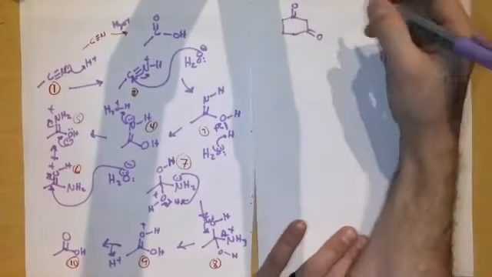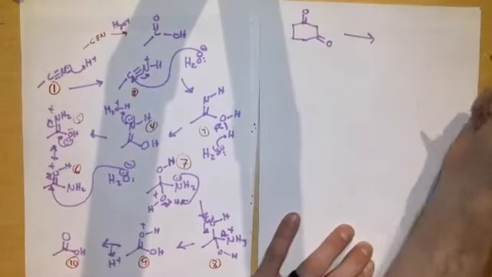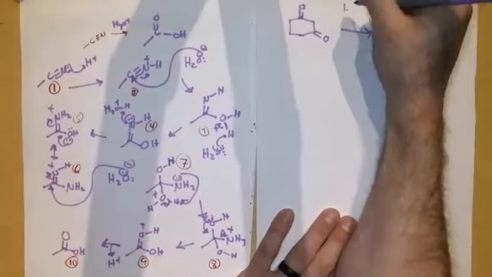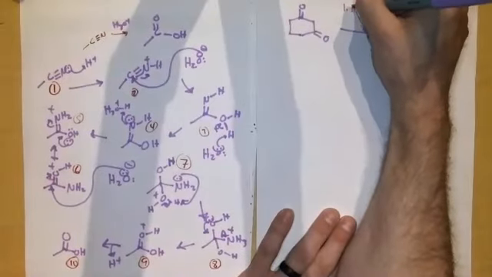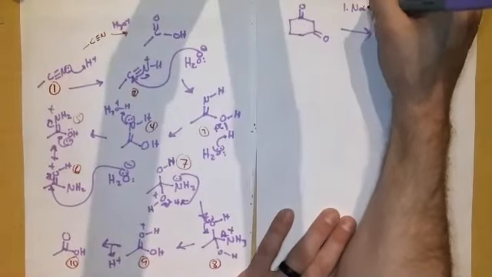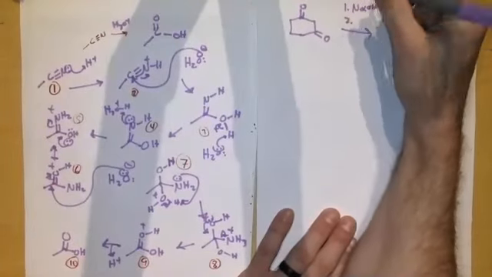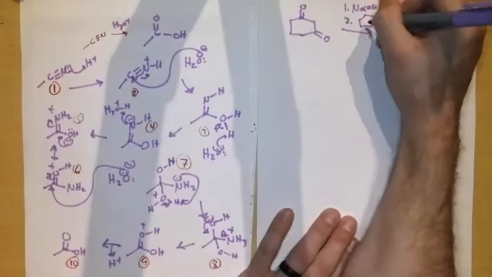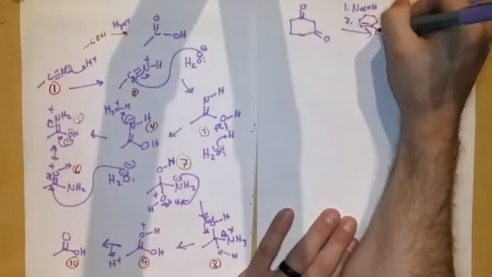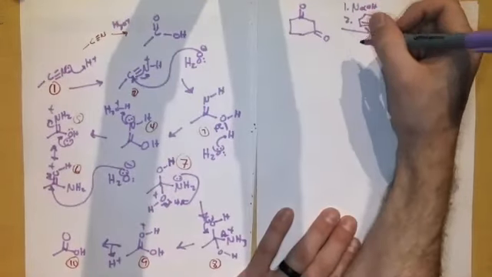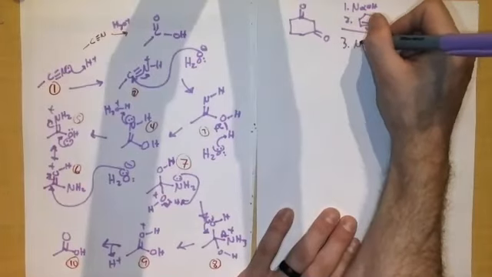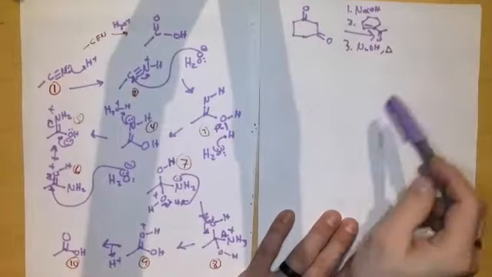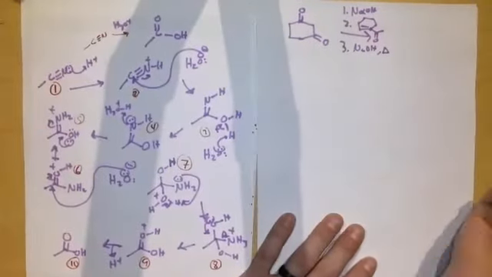Last semester, for whatever reason, we wrote these out differently. So you're used to seeing it as NaOH followed by your Michael acceptor, followed by NaOH and heat. Technically, you could just throw them all in together. For your exam, I'm going to write them like this because that's what you're used to seeing.